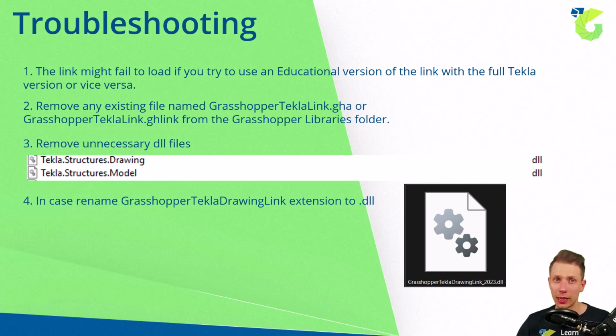There is also a trick that may cause problems in your case: you have Grasshopper-Tekla drawing link installed in the previous form with the GHA extension at the end after the dot, and you can just manually change it to DLL. We had some troubles with that. So if you have the old Grasshopper-Tekla drawing link extension, you can change it to DLL.